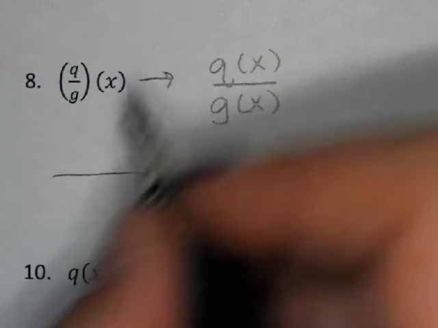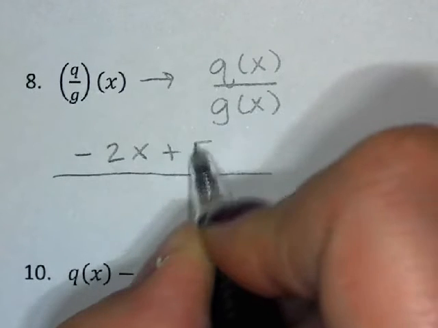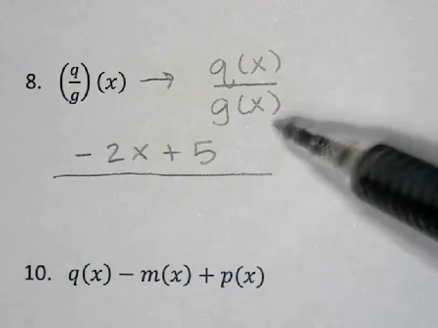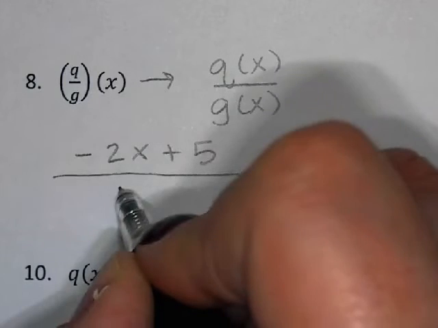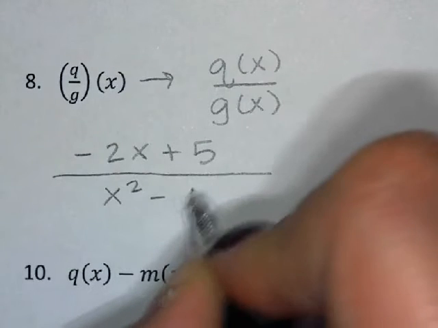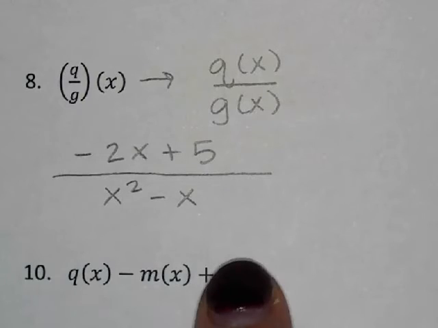And then g of x for the bottom is x squared minus x. And we literally leave it right there. We do nothing. We stop. So the division ones, we're kind of used to being intimidating. But for this particular assignment, the division ones are nice because we don't have to do anything. We're just done. Yep. So this problem is finished right here.